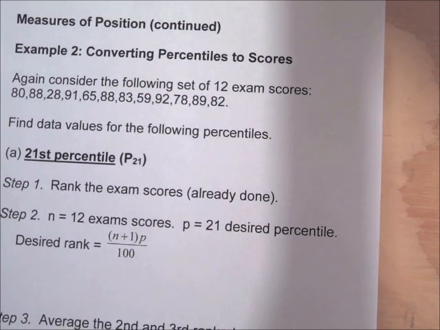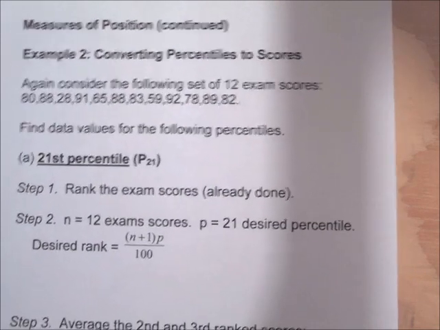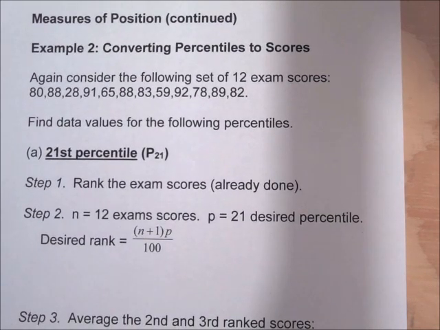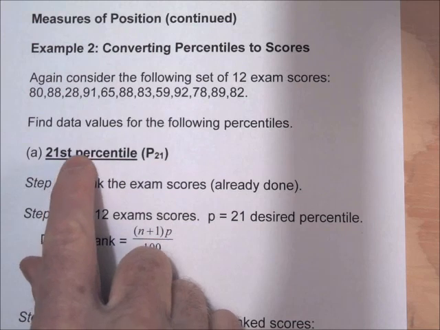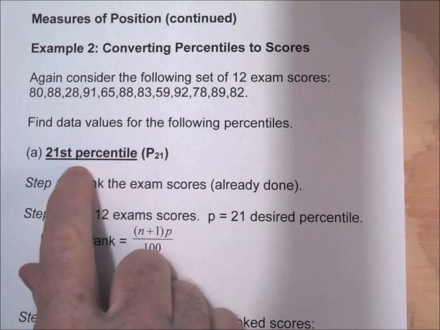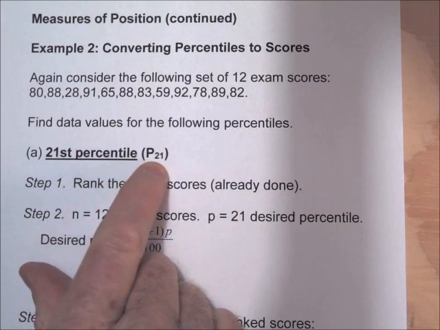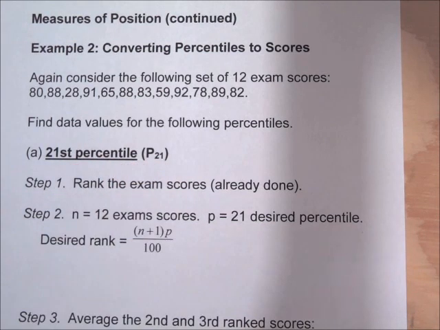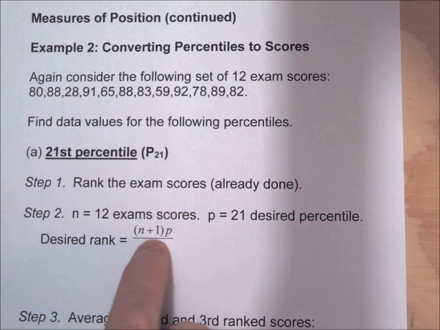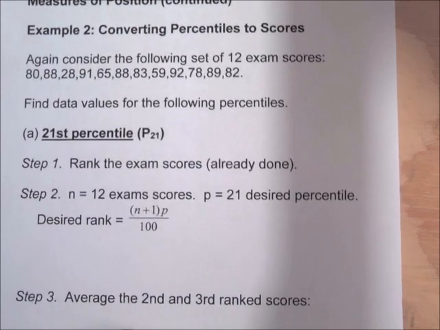More frequently we'll be converting percentiles to scores. So we have the same set of exam scores, and let's find the score that corresponds to the 21st percentile. This is kind of the reverse process. The only thing is that these formulas are not exactly the reverse of each other, so we may get a slightly different answer.